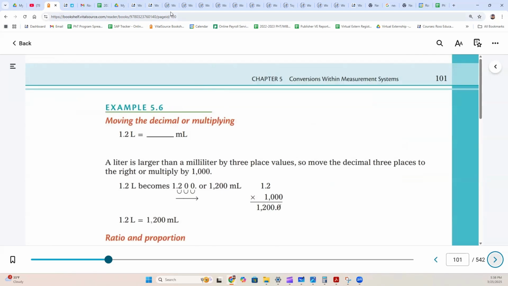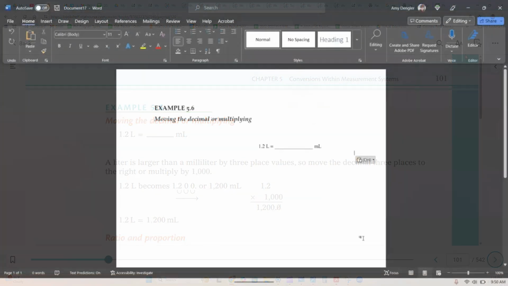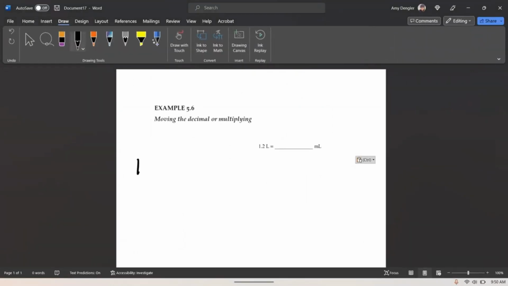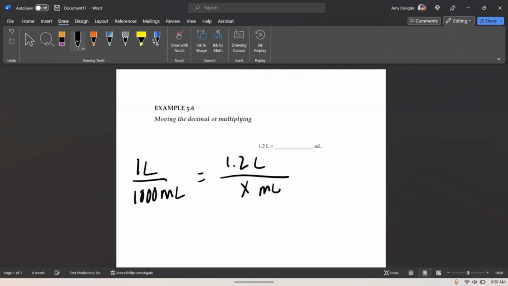All right, so let's do example 5.6. Now, so we have 1 liter is equal to 1,000 milliliters. And we have 1.2 liters. How many milliliters is that?